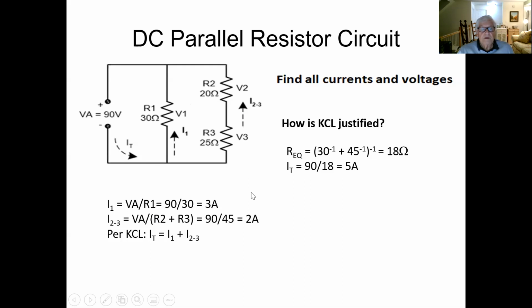If 3 amps is going through R1 and we start out with 5 amps, then what goes through I2,3 has got to be 5 minus 3, or 2 amps, which we can figure out either by subtracting or by taking 90 volts divided by 45 ohms to get 2 amps.